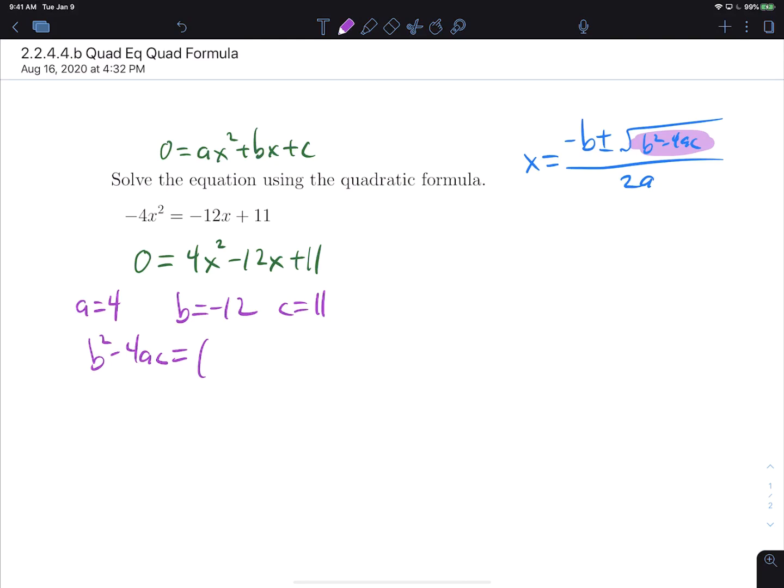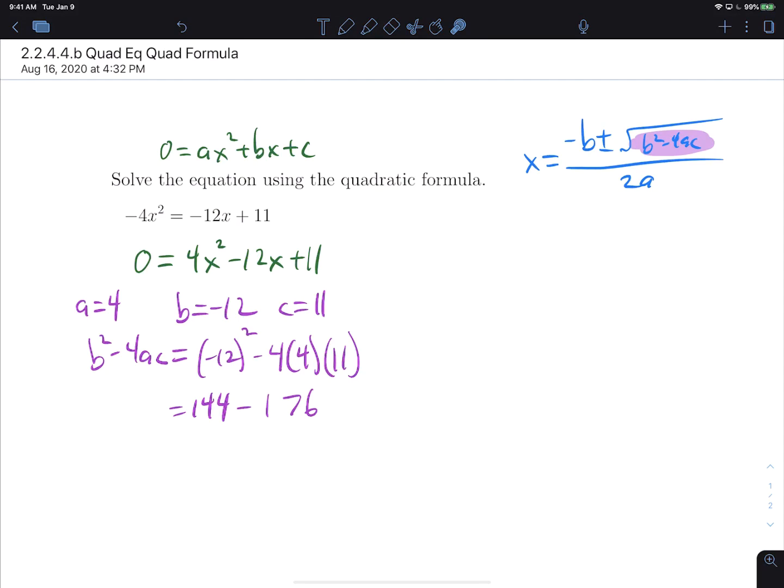Then we find the discriminant, b squared minus 4ac. Now b is negative 12, so it's negative 12 all squared, minus 4 times a, which is 4, times c, which is 11. Negative 12 squared is 144. Negative 4 times 4 is negative 16. Negative 16 times 11 is negative 176.